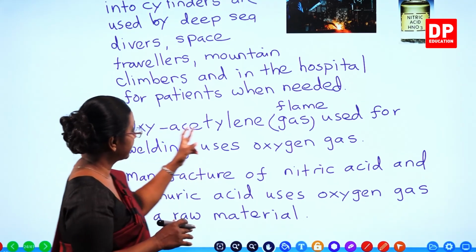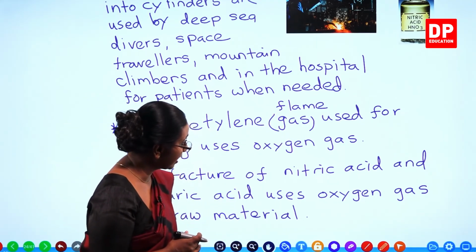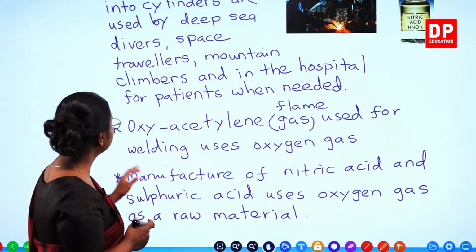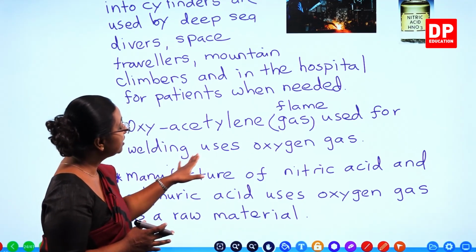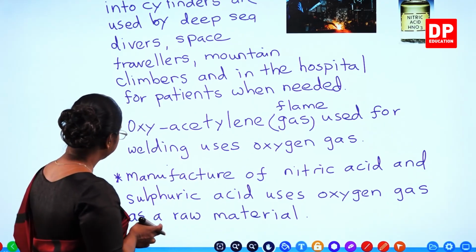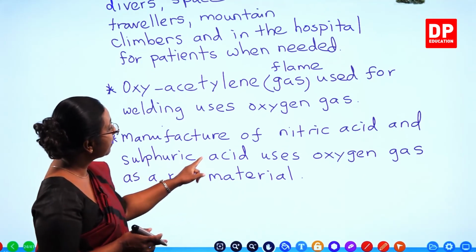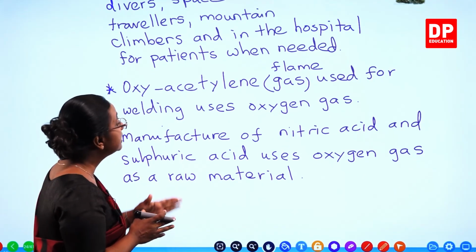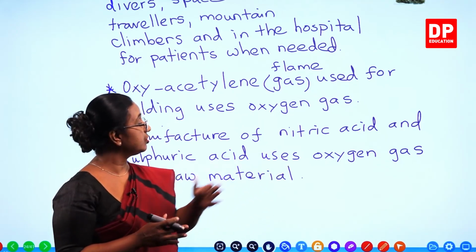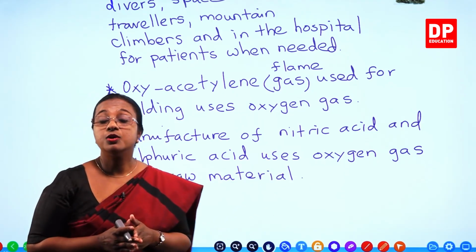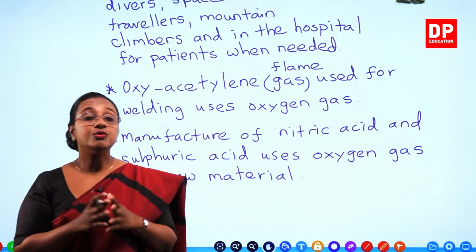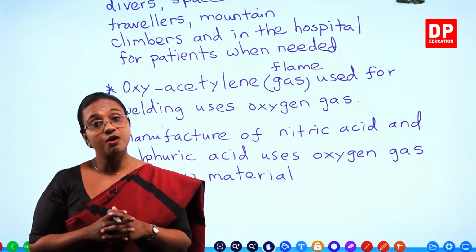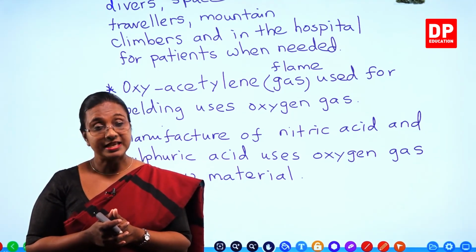Mixed together, oxyacetylene gas gives rise to the oxyacetylene flame that is used for welding. That uses oxygen gas. So, then we have the manufacture of nitric acid and sulfuric acid. It also uses oxygen gas as a raw material. So, those are the uses of oxygen gas.